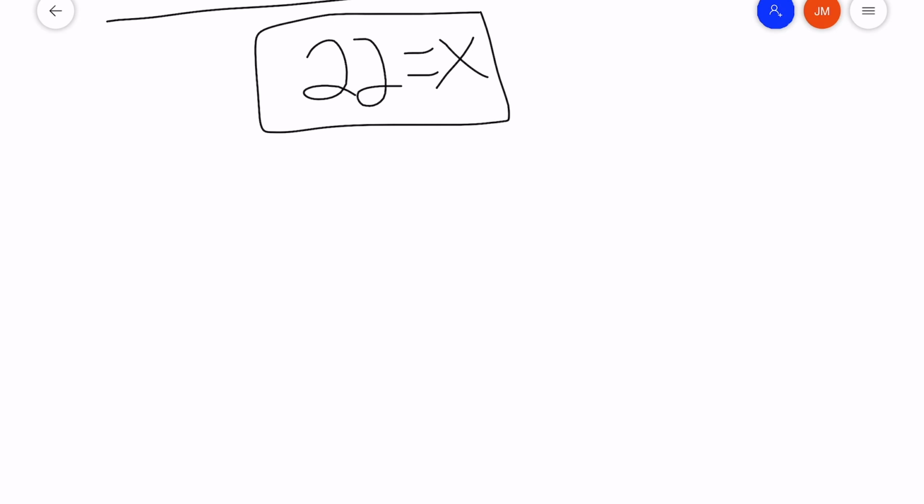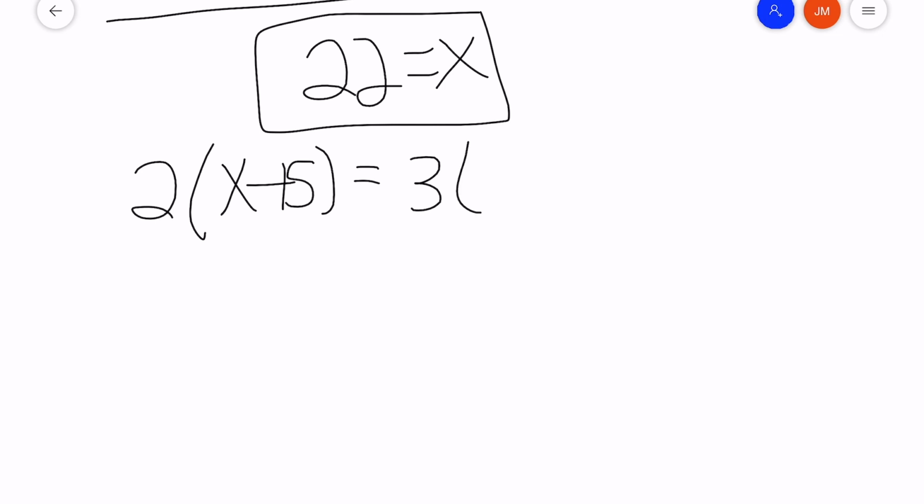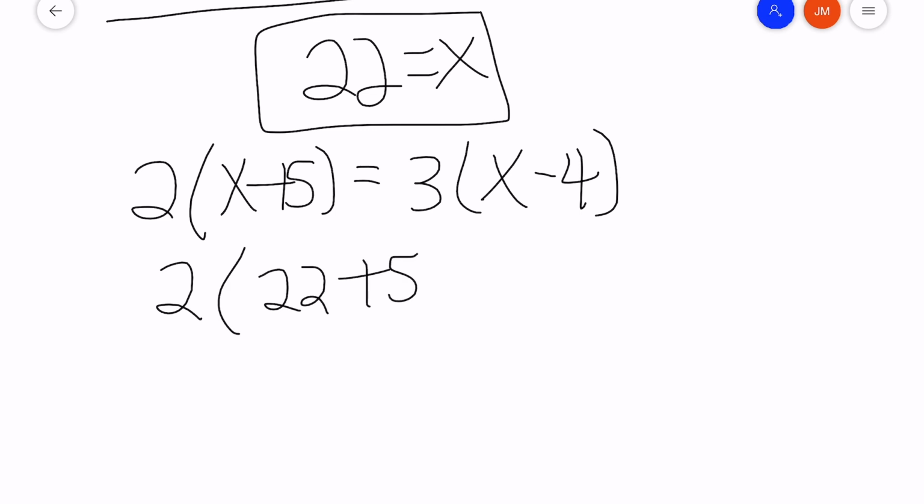Okay, again, we can check our answer by plugging x back into the original equation. So in this case, it was 2 times parentheses x plus 5 equals 3 times parentheses x minus 4. So we plug in 22 for x, we get 2 times 22 plus 5 equals 3 times 22 minus 4.